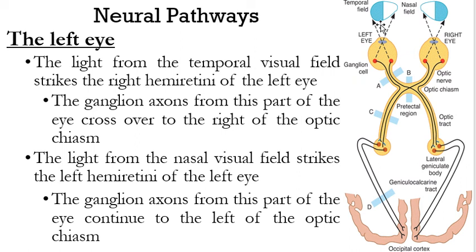What about the one coming from the nasal? The one coming from the nasal is going to hit this side, which is the left side of the left eye, and will maintain. It will go ipsilaterally to the optic chiasm, ipsilaterally make the optic tract, and then have its synapse in the lateral geniculate body, but look, it is more lateral.